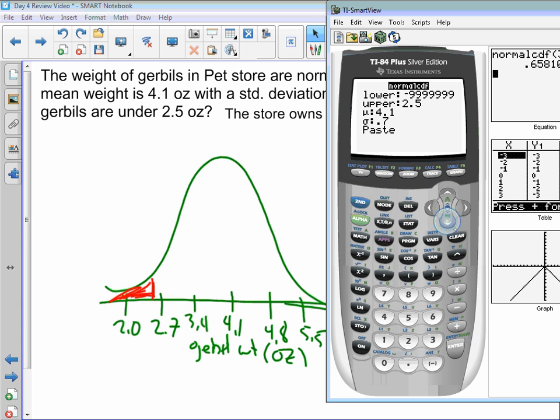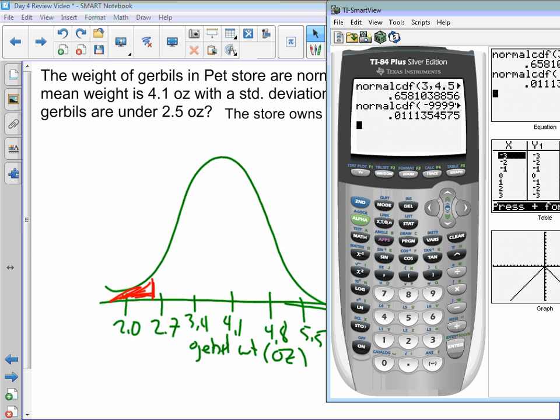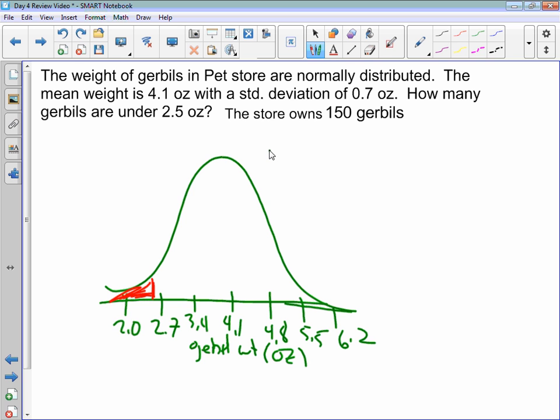So our percentage is around 0.11. But they didn't ask what percentage, they asked how many gerbils. So I have to multiply that by the size of the population.